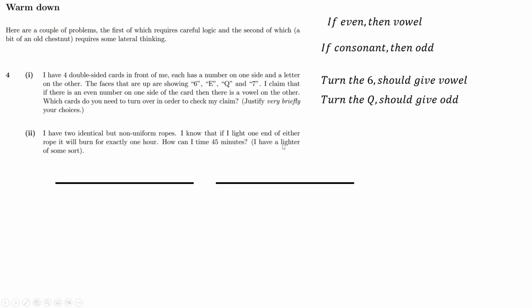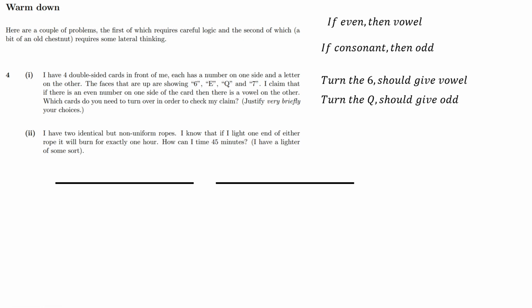Well, we're told we have a lighter. And I'm just going to assume that we can use a lighter as many times as we want. If we light the same rope twice, so what I mean is, if we light this rope on this side here, it'll take an hour to burn through. But if we light it on this side and on this side, it's the same rope, so if we're doubling the amount of fire, we're halving the time.